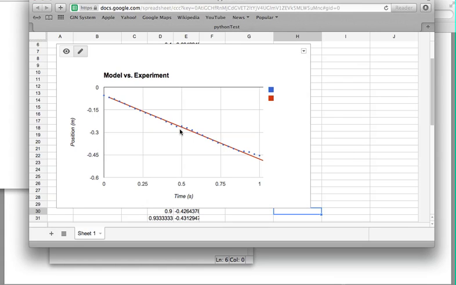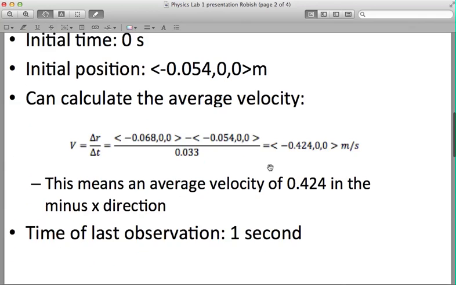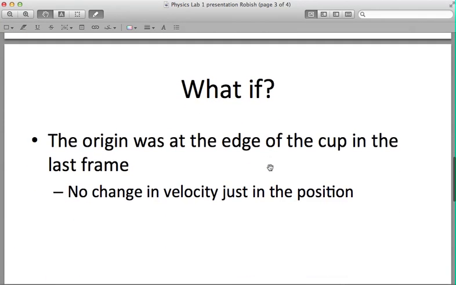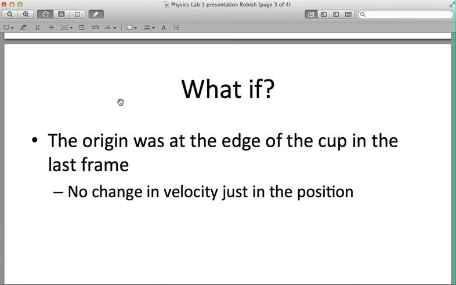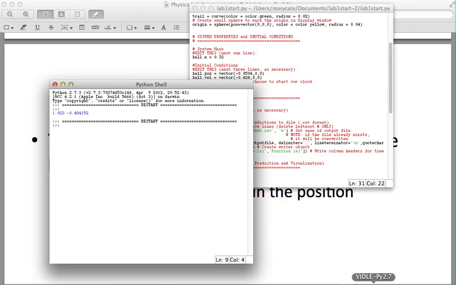So basically, how would this change things if the origin was placed at the edge of the cup in the last frame? After some investigation, there would be no change in velocity. Basically, just the position would change, and we can actually show that through some manipulation of our model again.